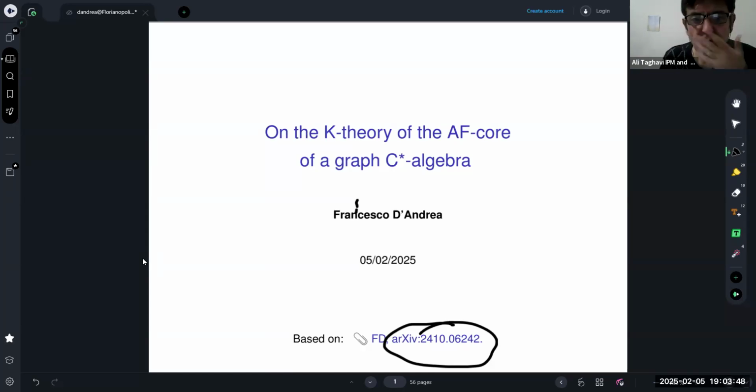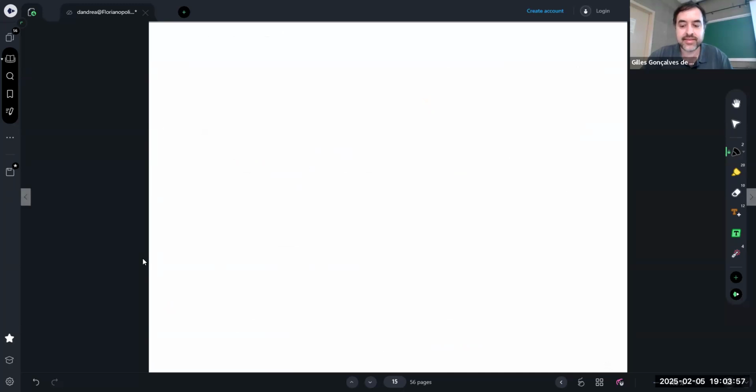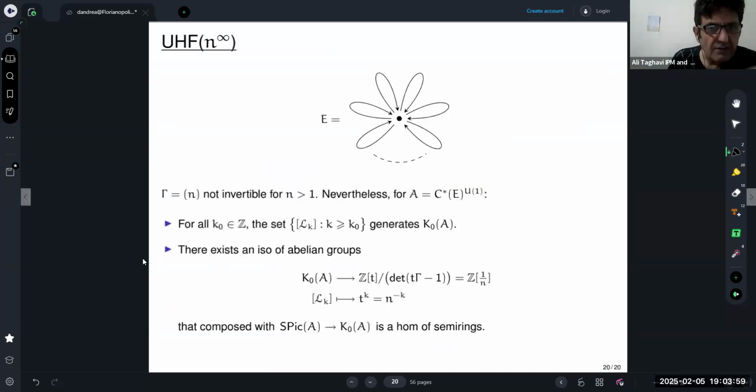And just another question, could you please put the last page before the thank you page? Yes, the last page. What would happen if we add an exit on this graph, for example? Is this an interesting C*-algebra or trivial?